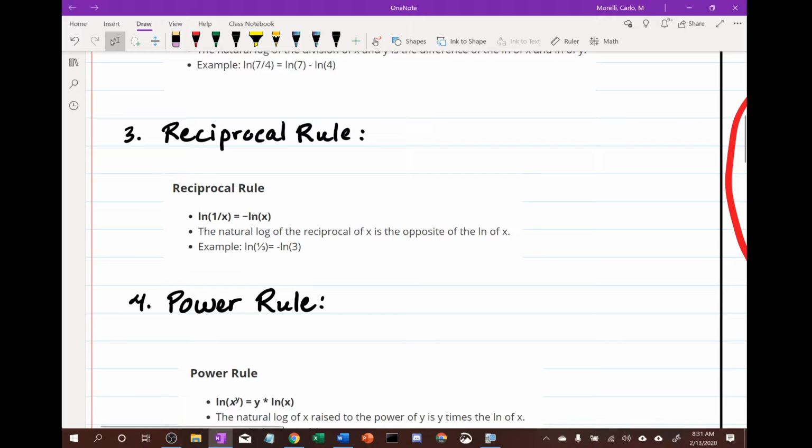Reciprocal rule. This one's a little bit weird. Let's take the example that they give. The ln of 1/3 equals negative ln of 3.